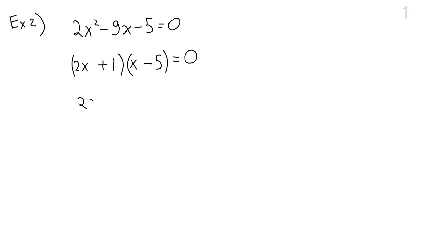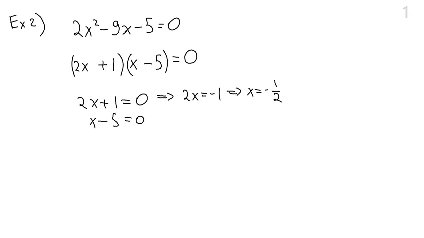So again, I get two linear equations. I get 2x plus 1 equals 0, or x minus 5 equals 0. I have broken up a quadratic equation into two linear equations, and this piece, 2x plus 1 equals 0, is 2x equals -1, which is x equals -1/2.